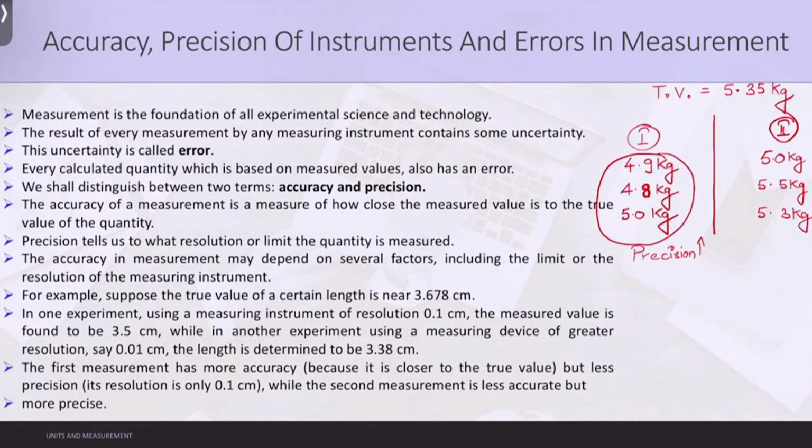Maybe there is some error we are making when calculating this measured value. If we just add that error, or add the correction value, then we can get results which are very, very close to the true value. So here precision is high, here precision is low.